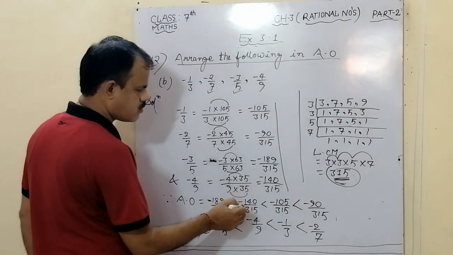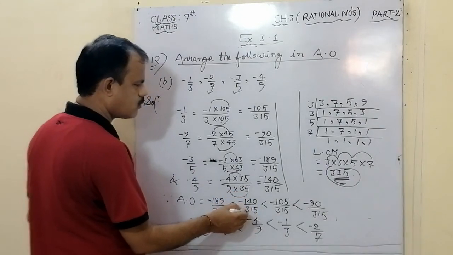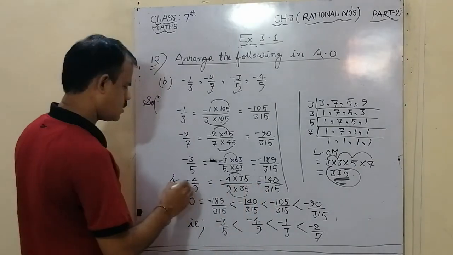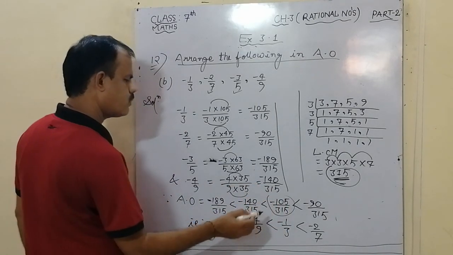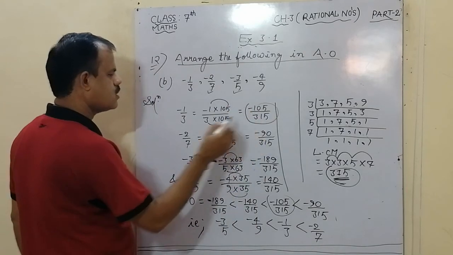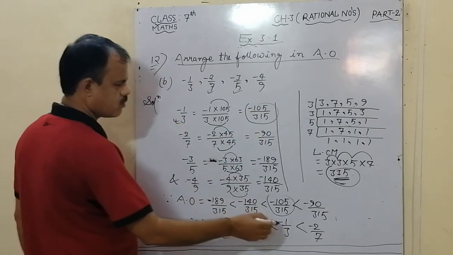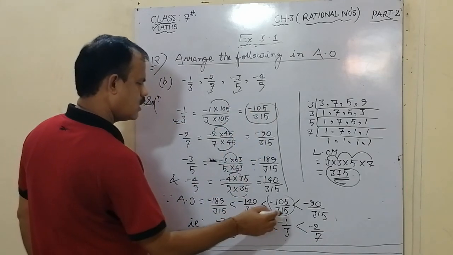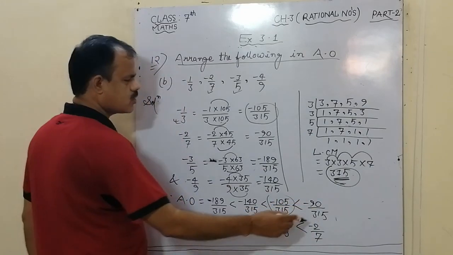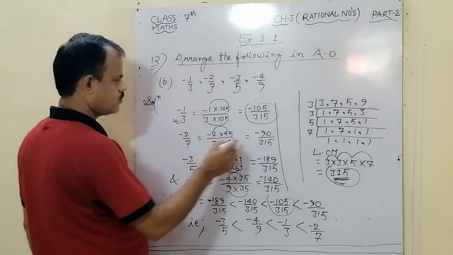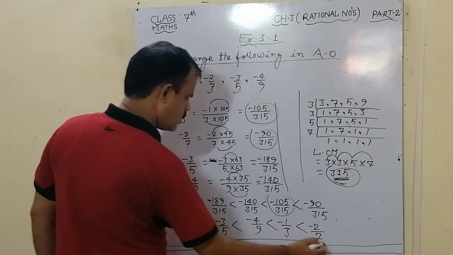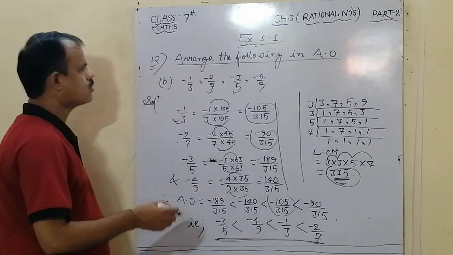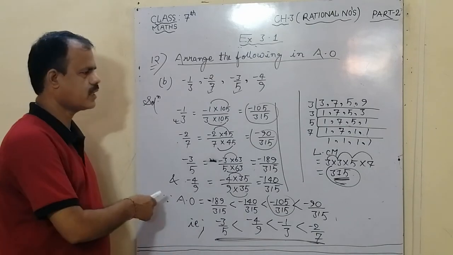And for minus 140 upon 315, we write minus 4 by 9. In place of minus 105 we write minus 1 by 3, and in place of minus 90 upon 315 we write what? Minus 2 by 7. So this is the final answer. You can solve A and C part like that.